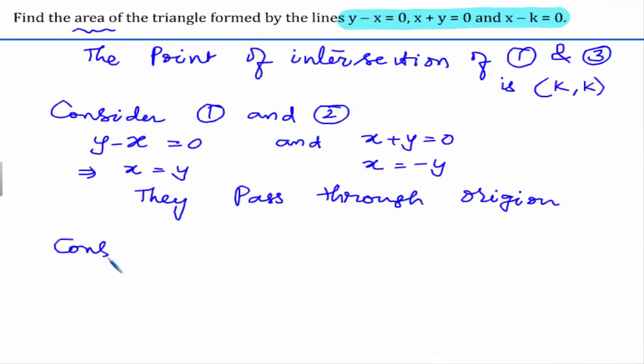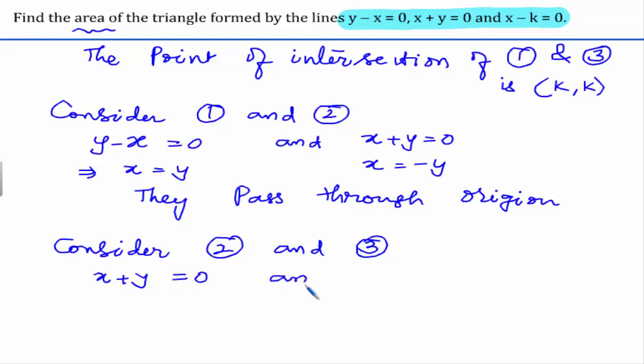Now let us consider the remaining pair, the 2 and 3. Second equation is x plus y is equal to 0, and the third equation is x minus k is equal to 0. So from here y is equal to minus x, and from here x is equal to k.